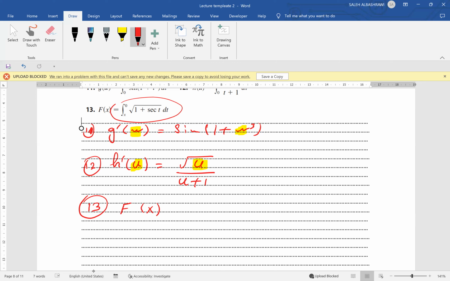So the function F of x, which is equal to the integral from x to 0 of square root of 1 plus secant of t, can be written as negative the integral from 0 to x of square root of 1 plus secant.